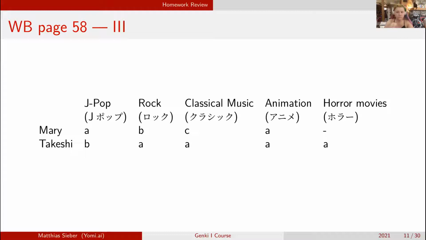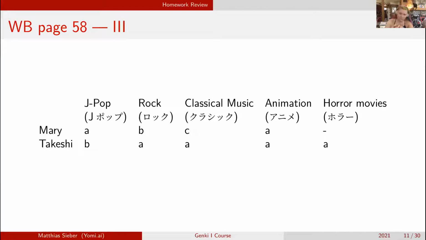Maybe they say something like amari suki janai, like I don't really like it, right? But they don't necessarily say kirai desu, like I hate it, right? Even though they really have a strong dislike for it. So it's often more softening and saying, yeah, I don't really like it, but what they can mean is like, yeah, I really hate it. I never do this, right?